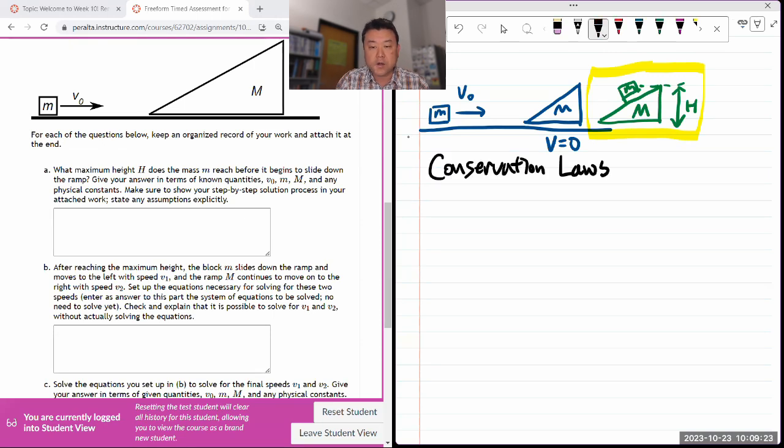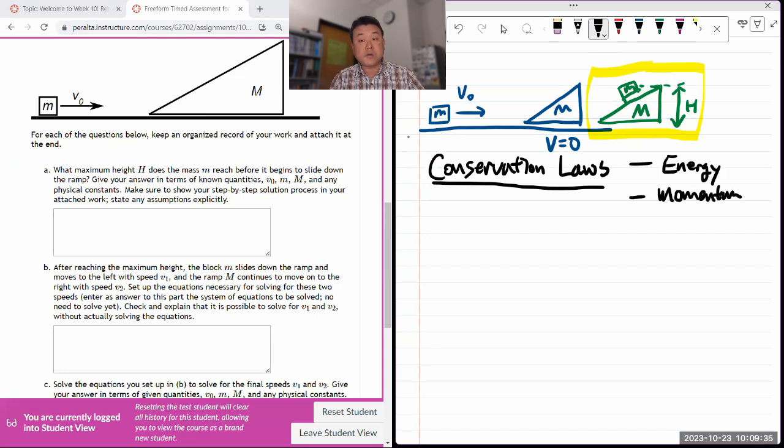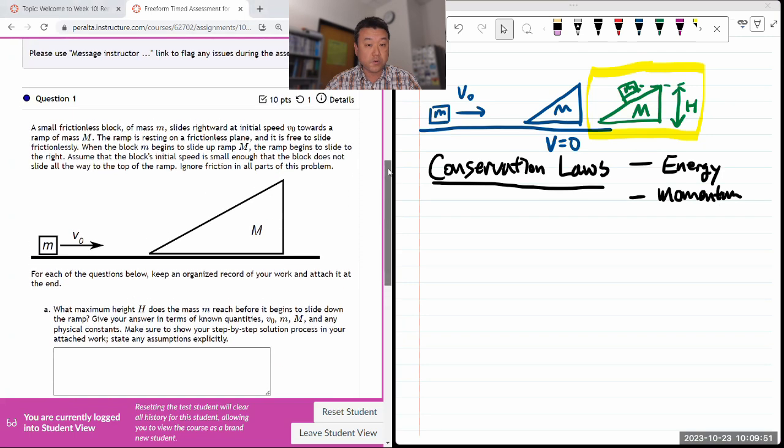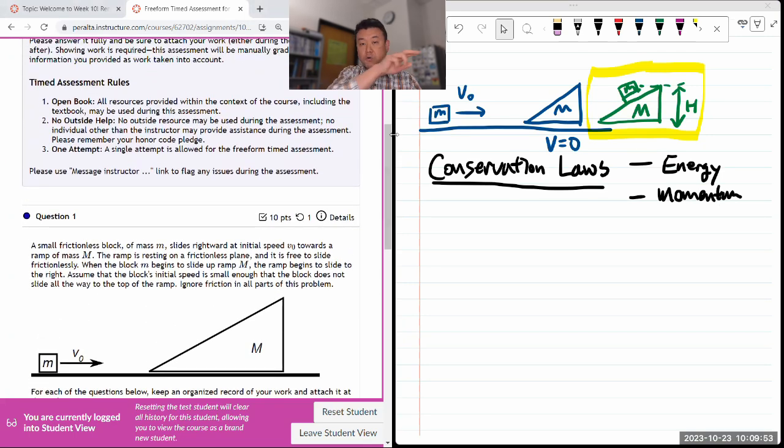So far, we have covered the conservation of energy and momentum. In any situation where these conservation laws might apply, you have to think through: one, is energy going to be conserved? And two, is momentum going to be conserved? Hopefully as you read through this situation, especially with these frictionless planes, it gives you the sense that momentum is going to be conserved, especially in the horizontal direction.